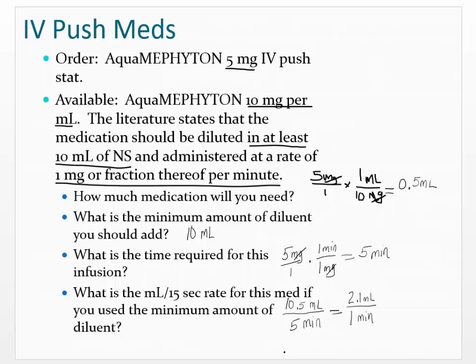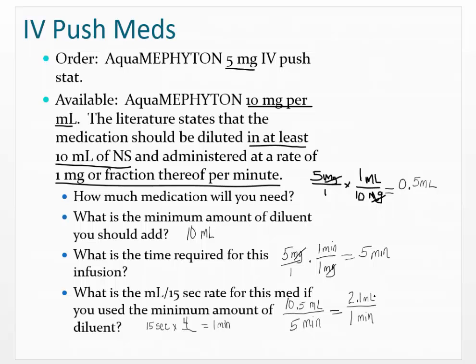Now I'm going to use some logic and reasoning before I do any more math. This asks me how many milliliters in 15 seconds. Well, if I think about 15 seconds times what would equal 1 minute? Well, 15 seconds, that's a fourth of a minute. So if I multiplied 15 seconds times 4, I'd have 60 seconds or 1 minute.